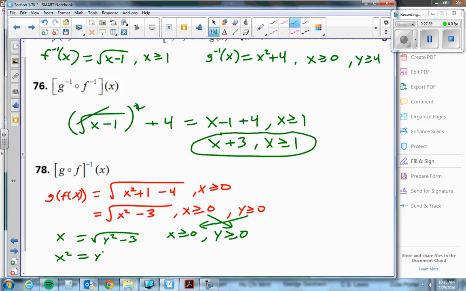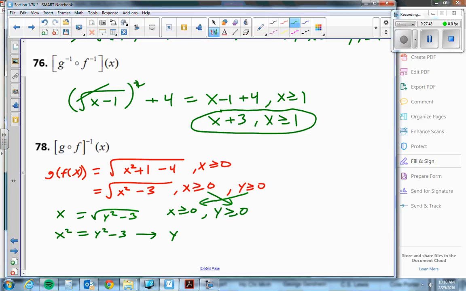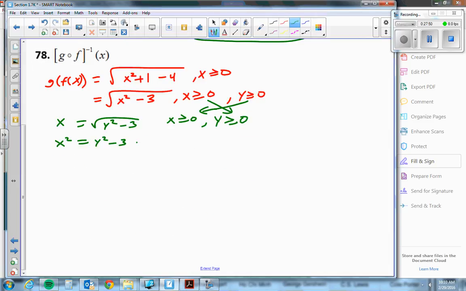Square both sides. And you get the square root, but really plus and minus the square root.